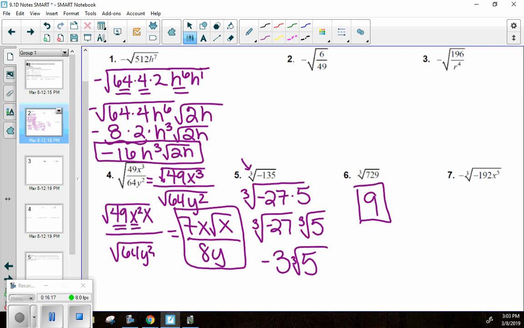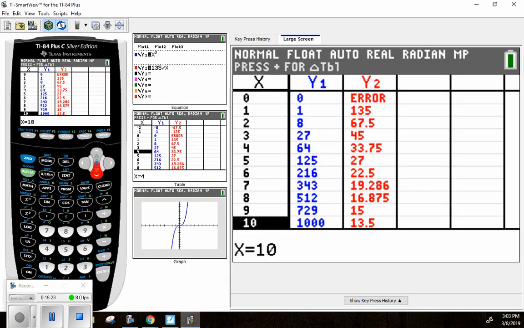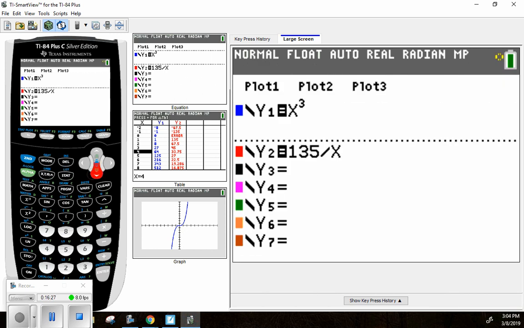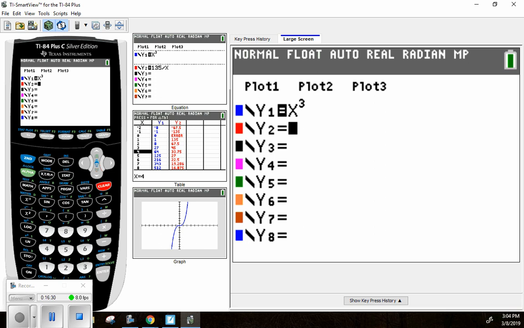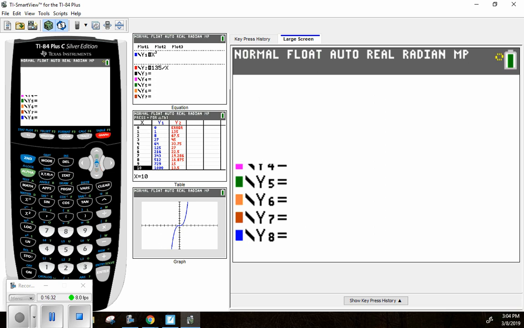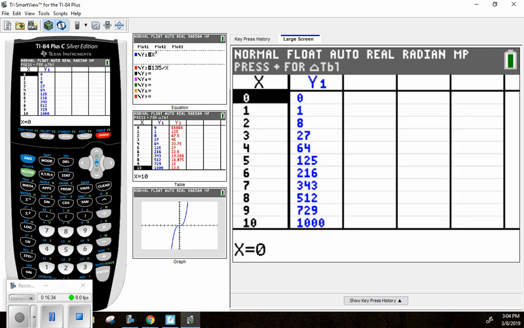I've got a negative on the outside. It's like a -1 coefficient. Let's check out and see if 192 is a perfect cube. Okay, so there's my cubes list. Is 192 on there? No, there's not.